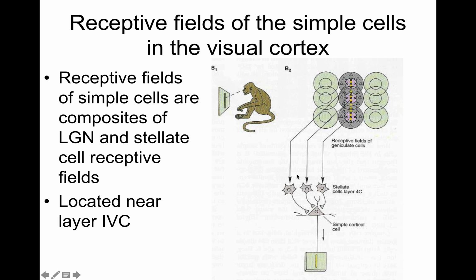These all feed into the stellate layer in the visual cortex, layer 4C. Those in turn converge on what are known as simple cortical cells located nearby.